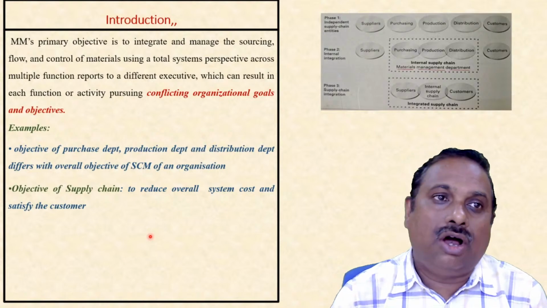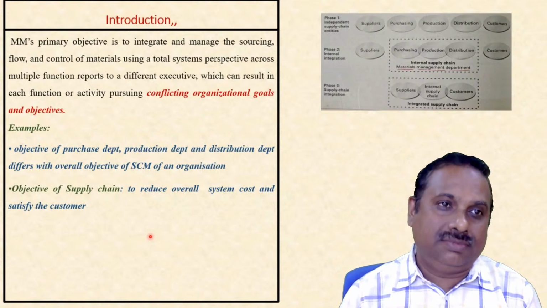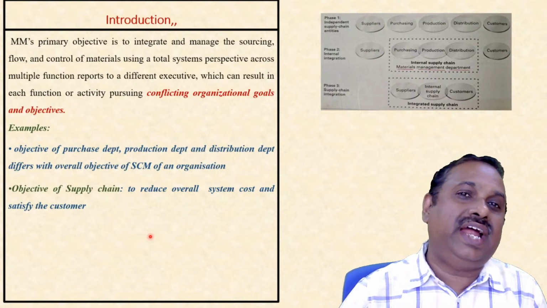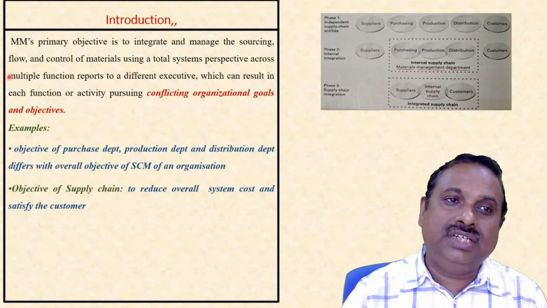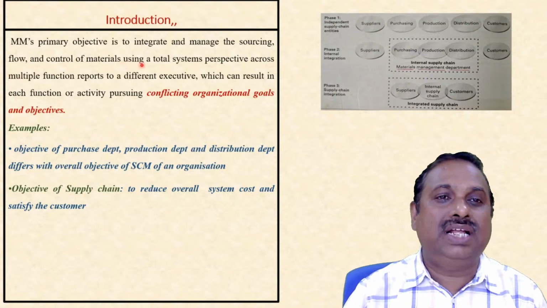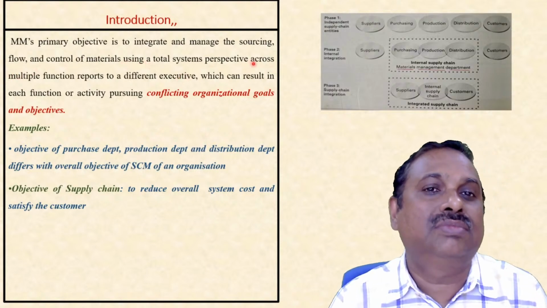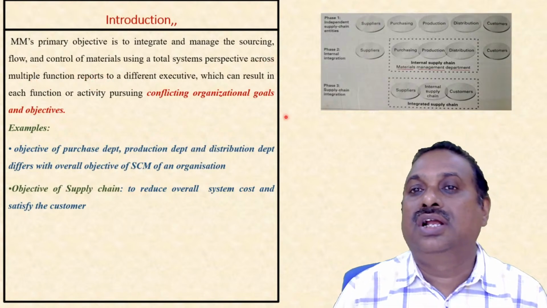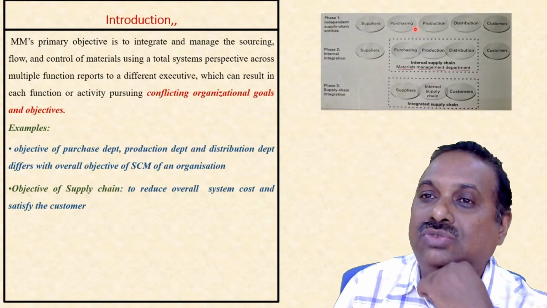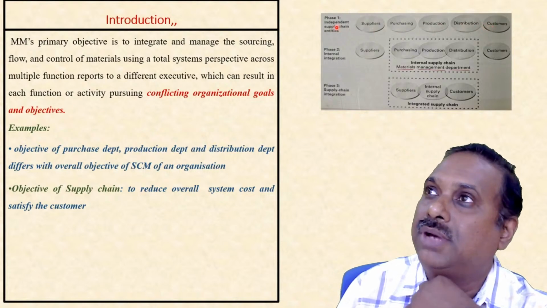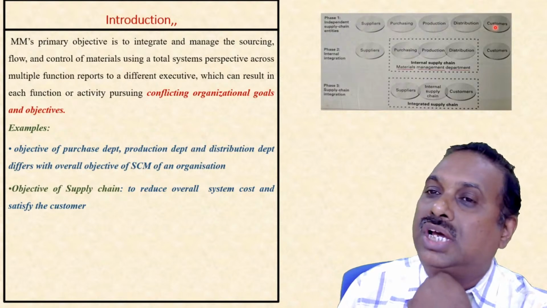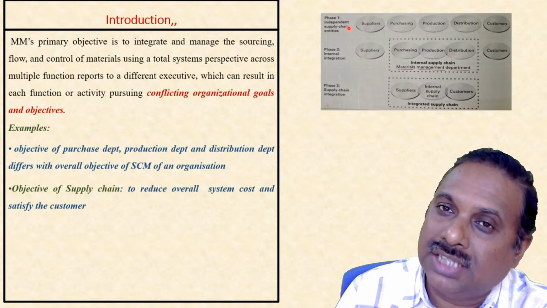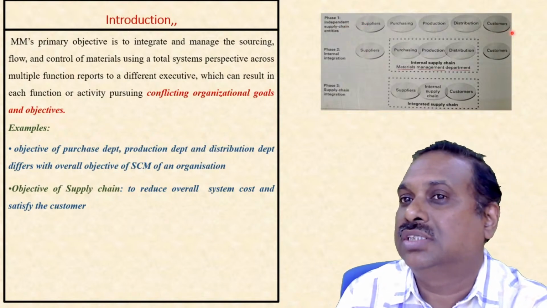Coming to the objective, material management's primary objective is to integrate and manage the sourcing, flow and control of materials using a total system perspective across multiple functions. This is phase one. Consider any organization, say a manufacturing organization. Here you have suppliers outside and customers outside.